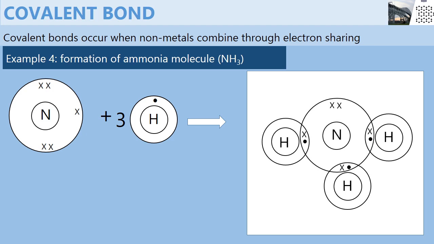In order to represent this in a short way, we can use the single line that represents the bond, a single covalent bond formed from a pair of electrons. Now we have to write the extra 2 electrons here so that we can notify that we have 2 extra electrons that have not participated in bonding.